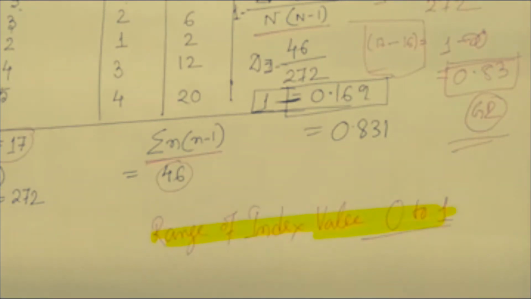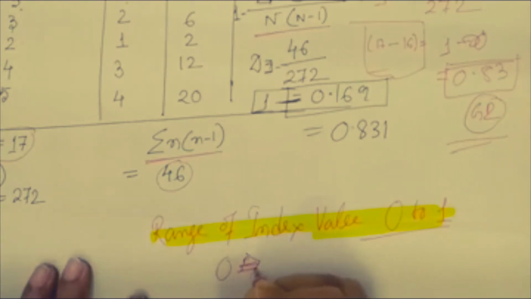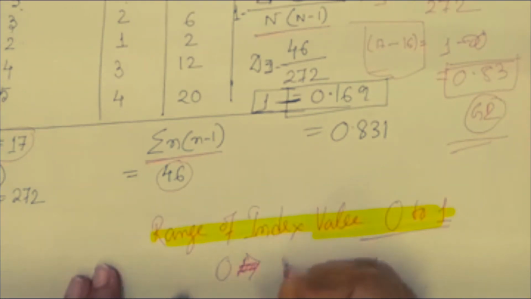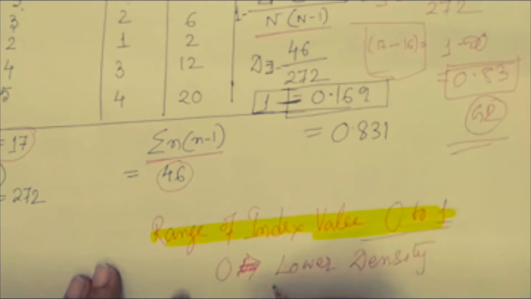0 to 1, and a value closer to 0 depicts lower density, and a value nearer to 1 depicts higher density.